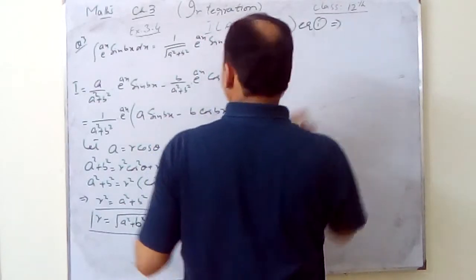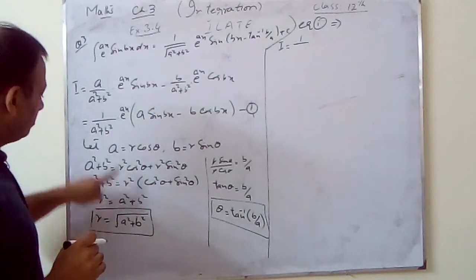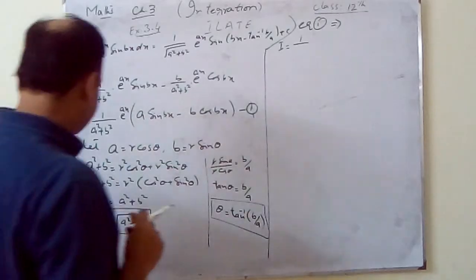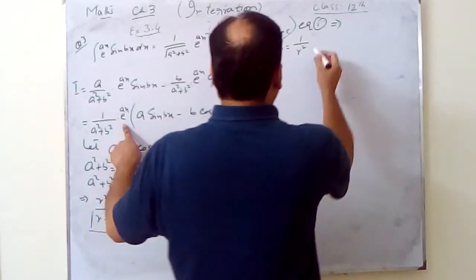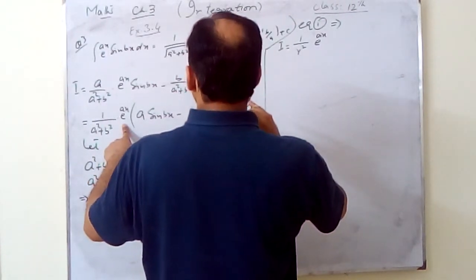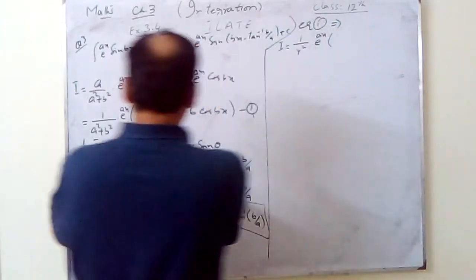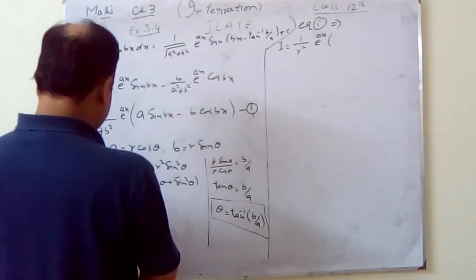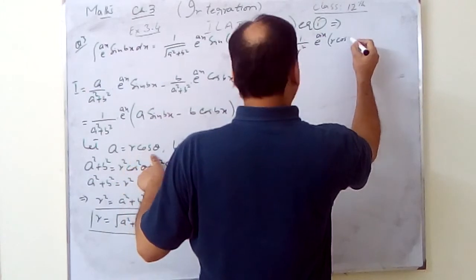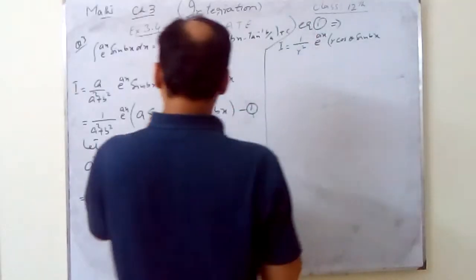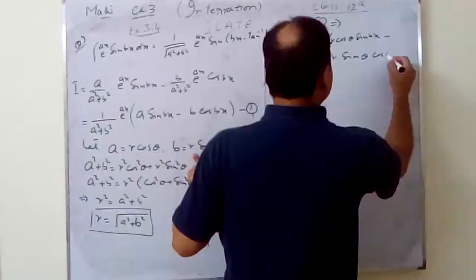Equation number 1 implies I is equal to 1 over a square plus b square, that is r square, e power ax, a sin bx, a is r cos theta, sin bx minus b is r sin theta cos bx.